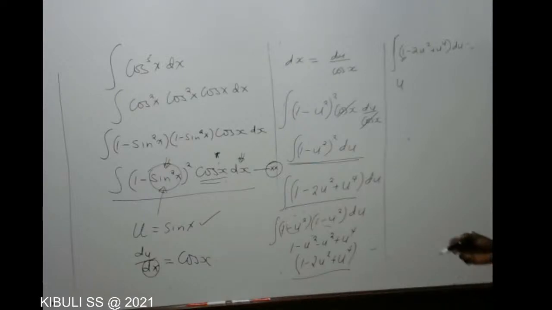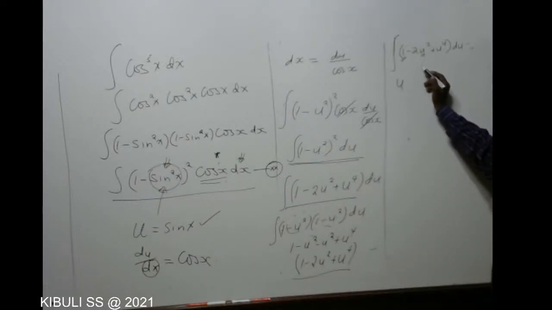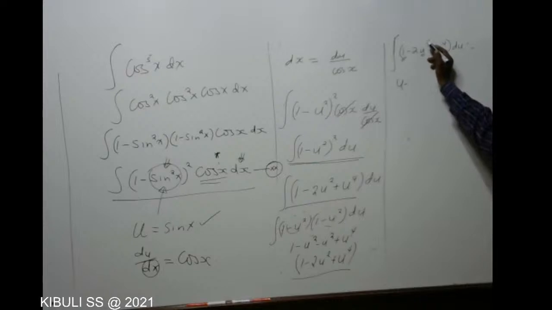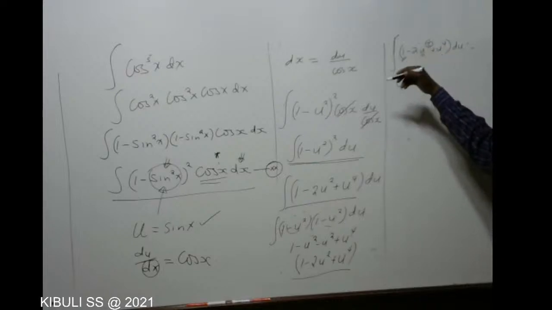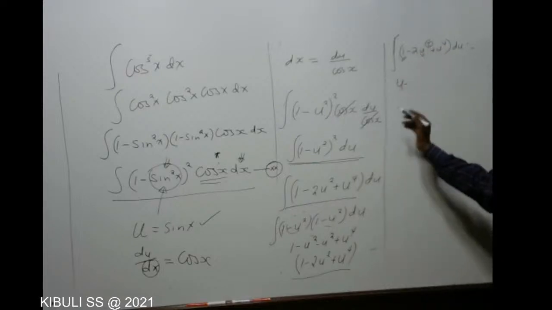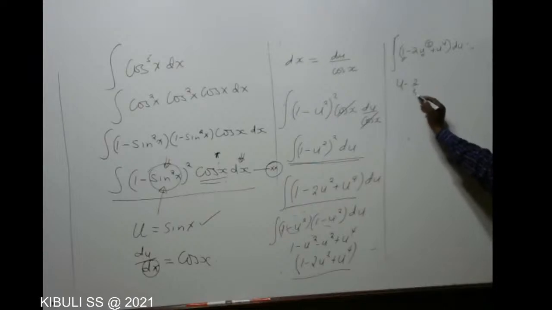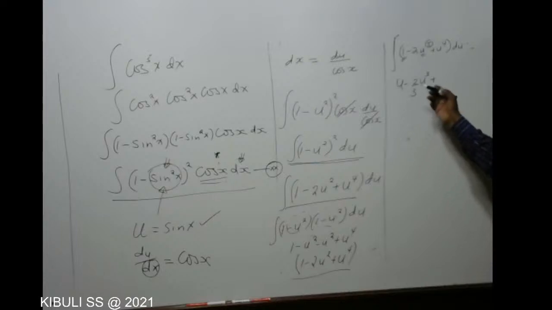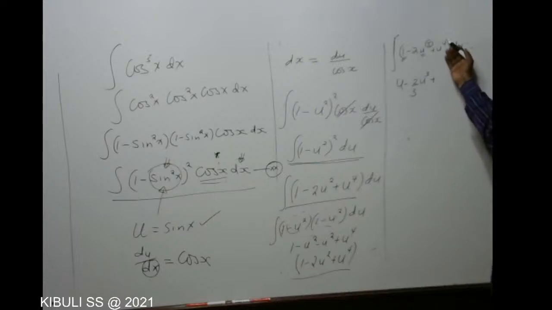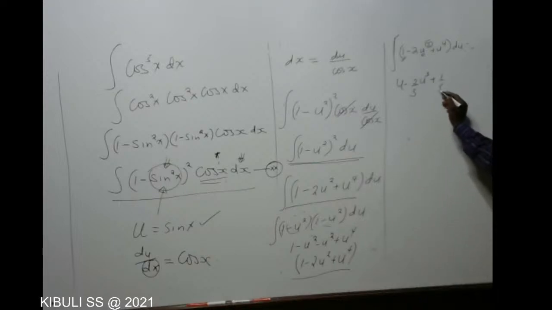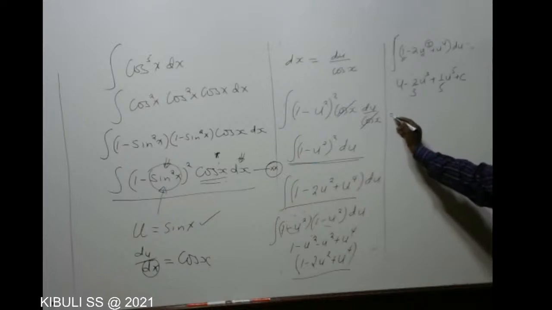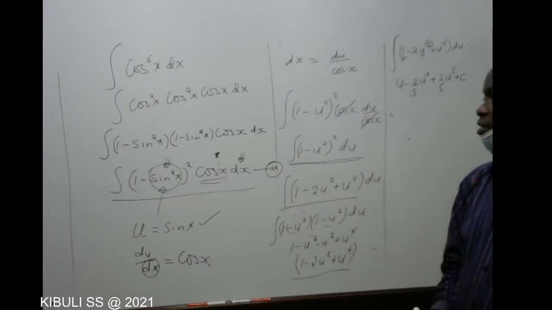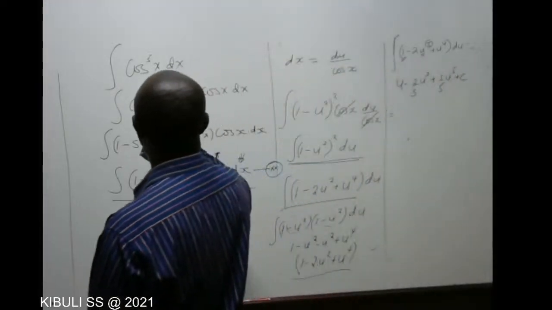Integrate u squared: raise the power by 1, it becomes u power 3 over the raised power, which is 3, so minus 2 over 3 u power 3. Plus integrate u power 4: raise the power by 1, over the raised power, which is 1 over 5 u power 5, plus a constant. But remember, at the beginning, the setting was in terms of x.